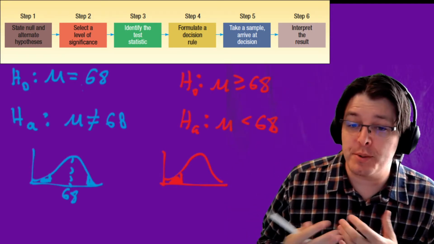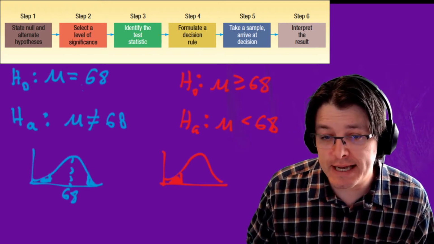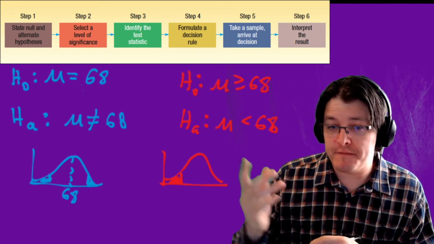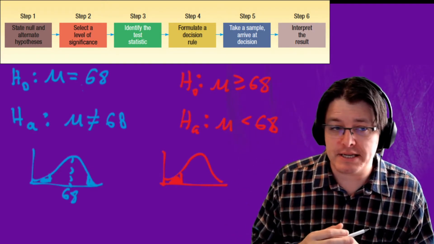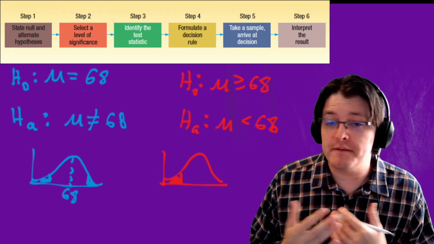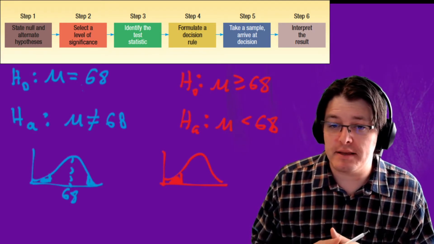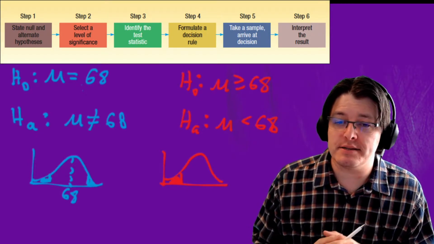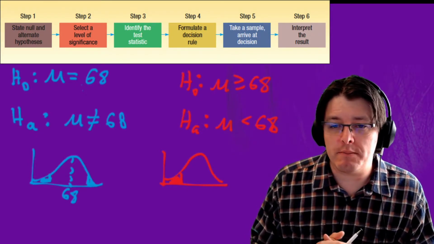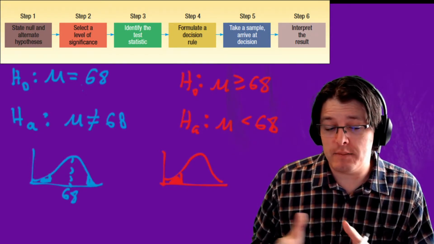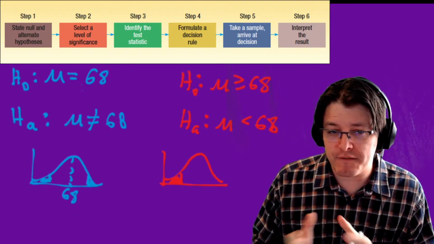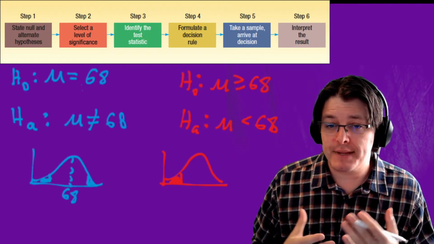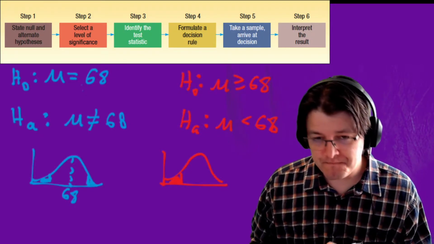So in this case, we would have reason to build it as a one-tailed test if the statement was at least 68. But if the statement is, I think the answer is 68, then it's a two-tailed test. We'll get more practice with this with some examples. But that's the first kind of decision that we have to make.